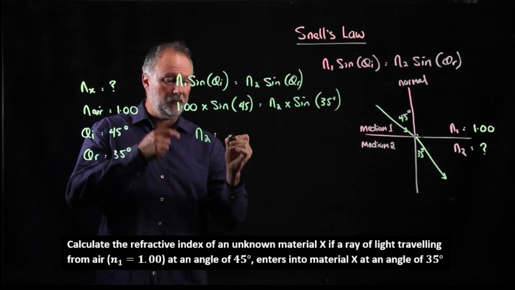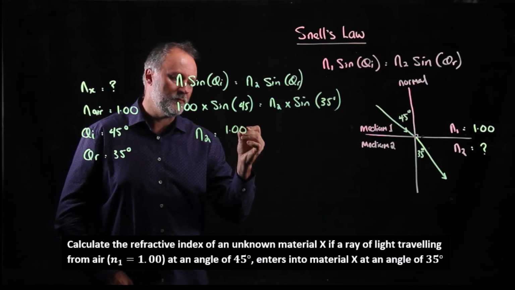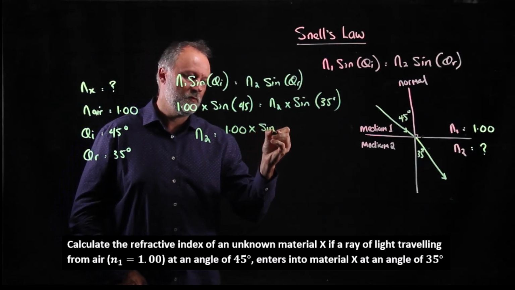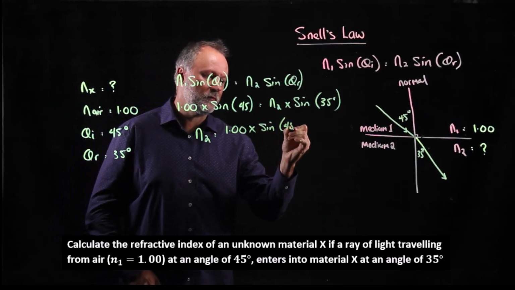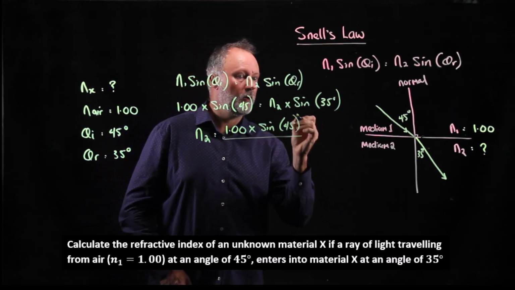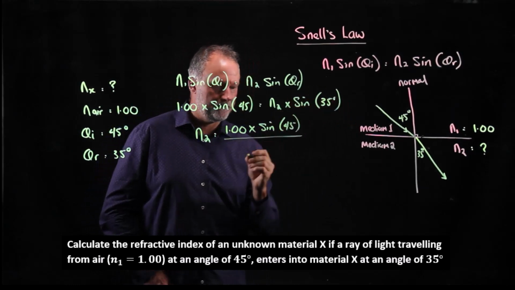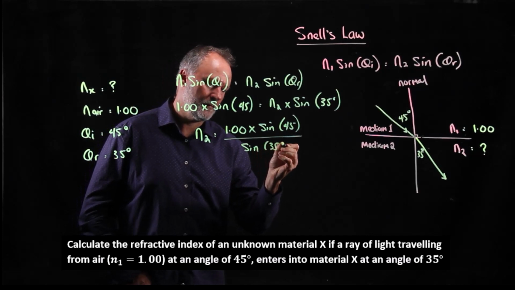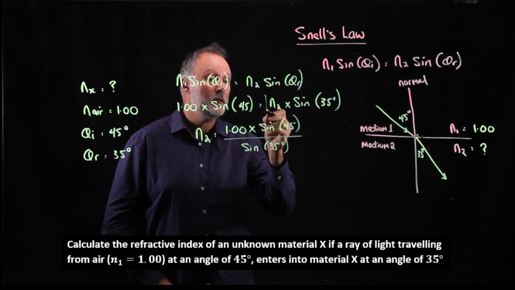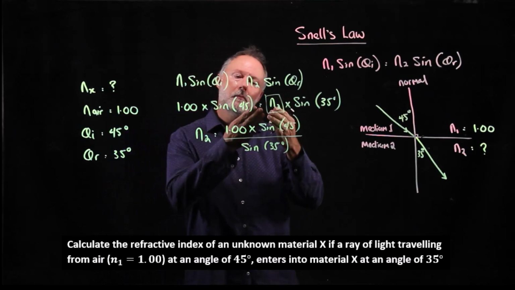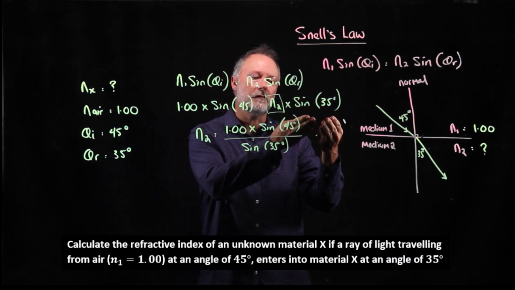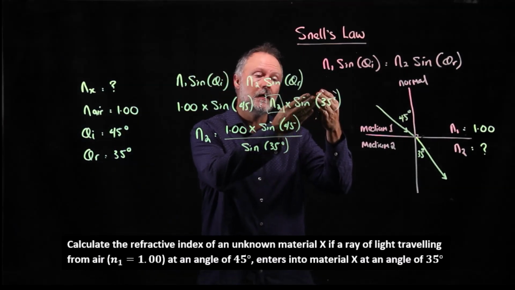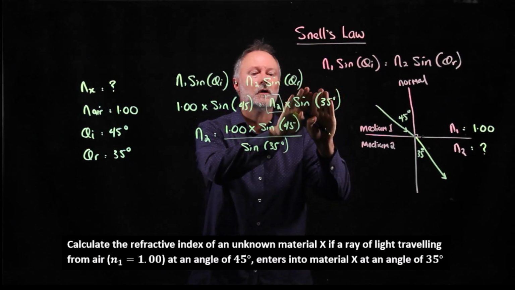So N2 will be equal to the left-hand side, 1.00 times sine of 45, divided by this remaining sine 35. Again, to get N2 by itself, at the moment on the right-hand side, it's multiplied by sine of 35. The reverse mathematical function to get rid of that is to divide by sine of 35.